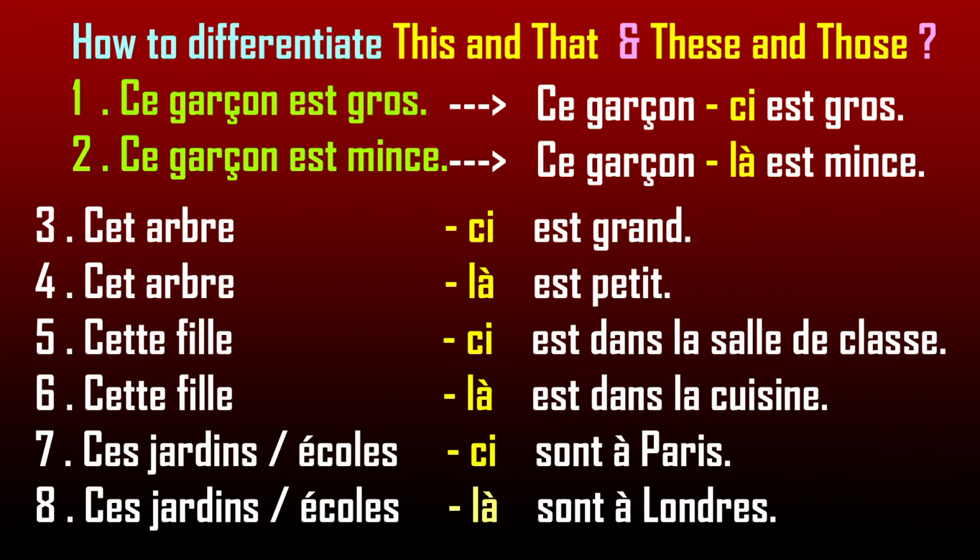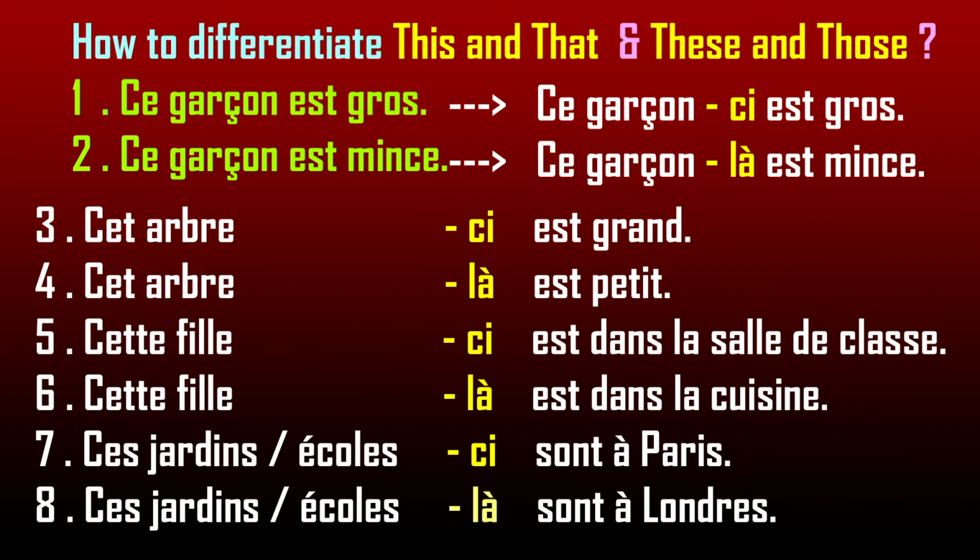In the first sentence, I use ce to mean this, and in the second sentence, I use the same ce to mean that. How do I make others understand what I meant to say?